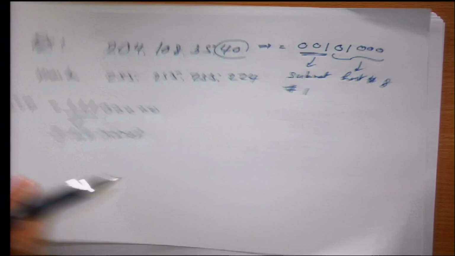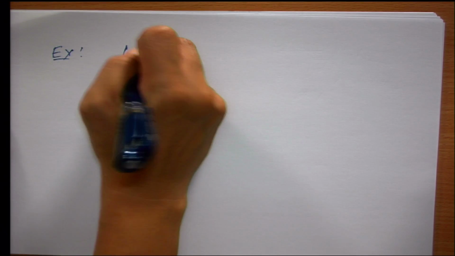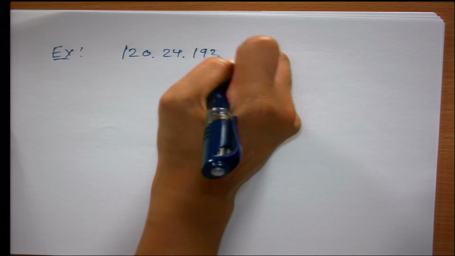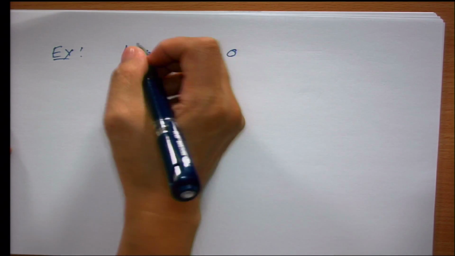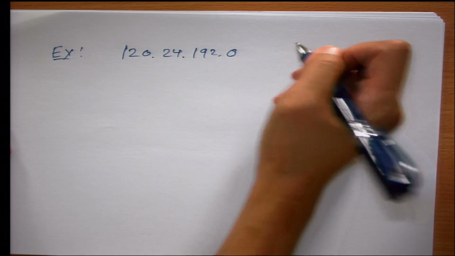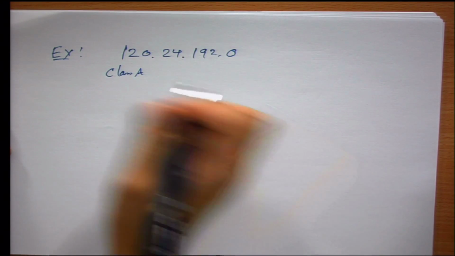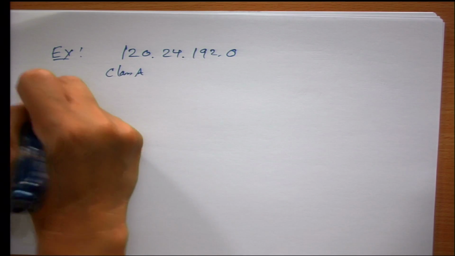Now another example. Let's look at class A now. This is IPv4. This is 120, so you know that this is a class A address. And what is the mask?